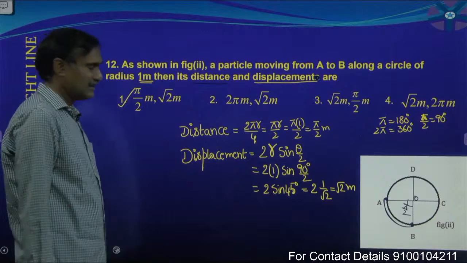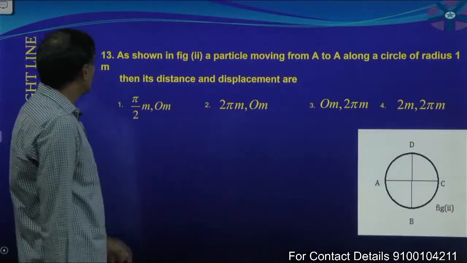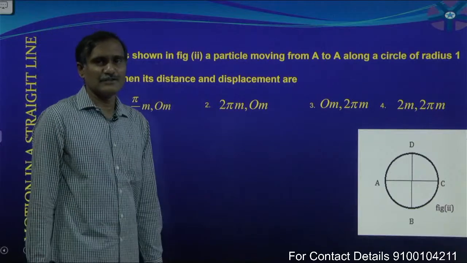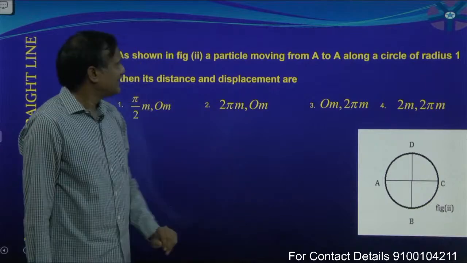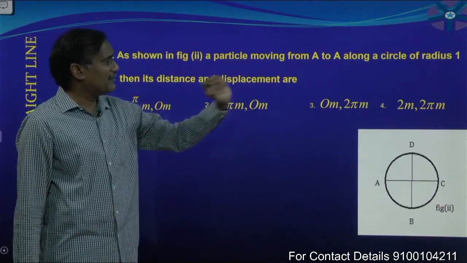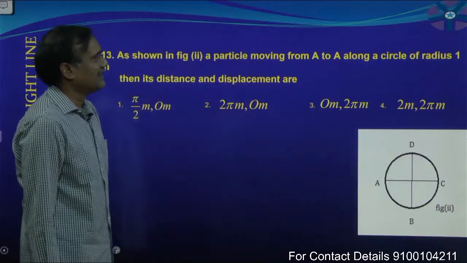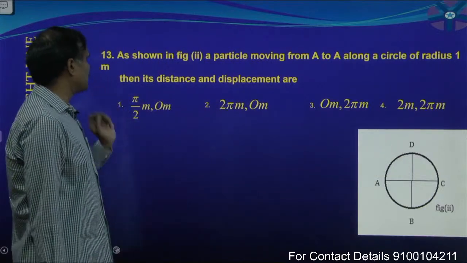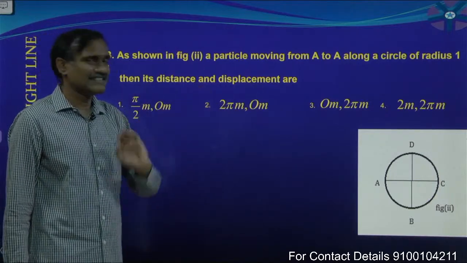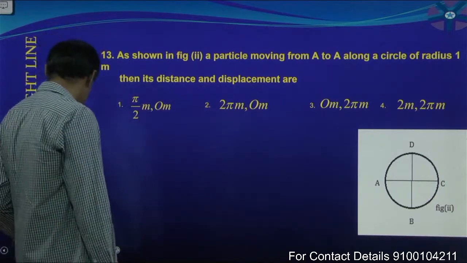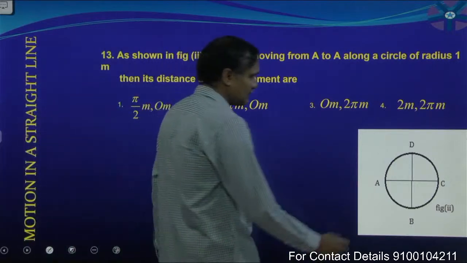Okay, next one. Observe this, as shown in this figure, the same figure. A particle is moving from A to A along a circle of radius 1 meter, and we are going to calculate distance and displacement.